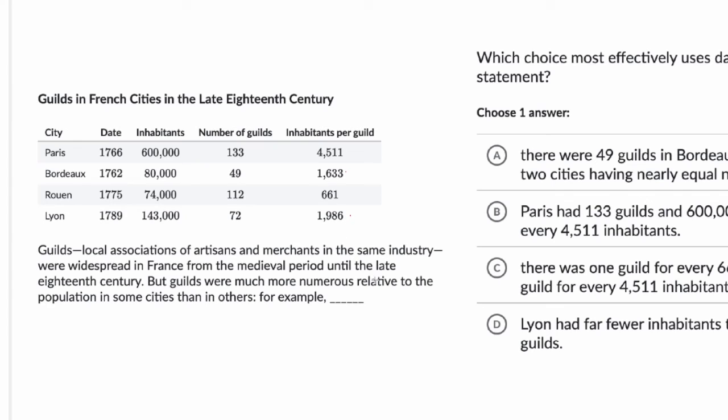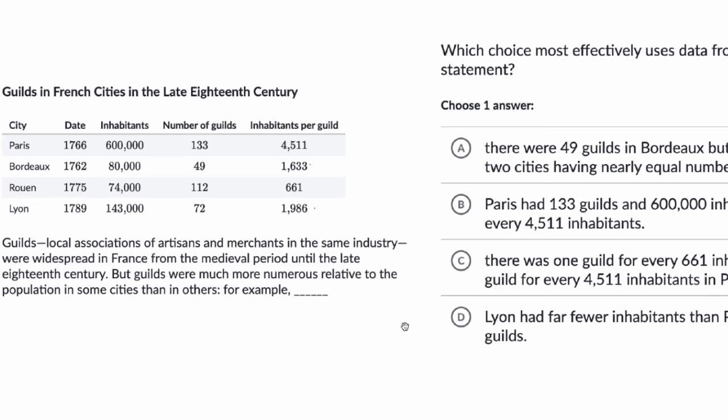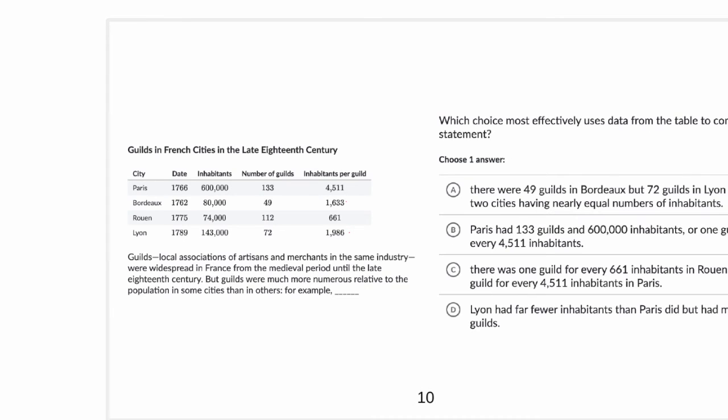And that's going to be how numerous they were relative to the population. That's going to be reflected in the number of inhabitants per guild. So I would look for Paris versus Rouen, if I'm pronouncing that not too incorrectly, or possibly Paris versus either Bordeaux or Lyon.